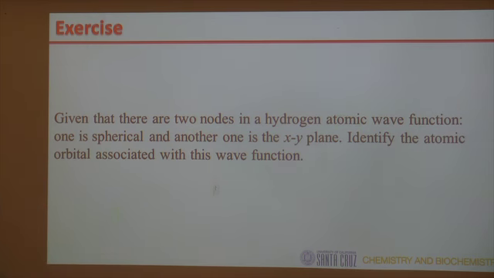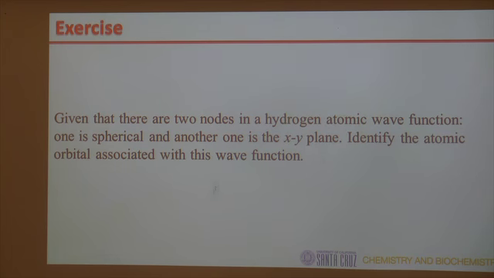Identify the atomic orbital. Okay, so I can do it. Anyone volunteer? Want to state your opinion?